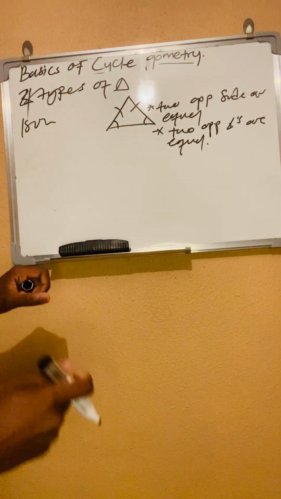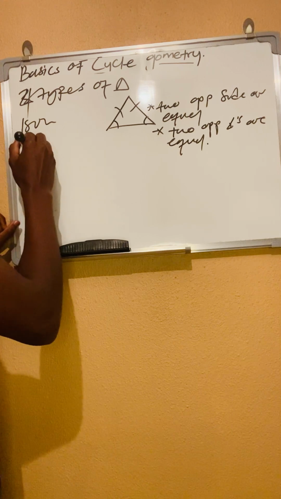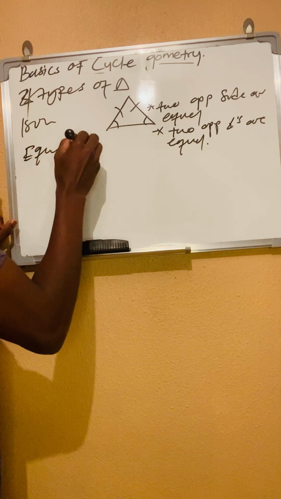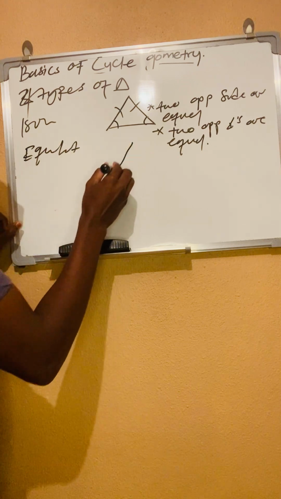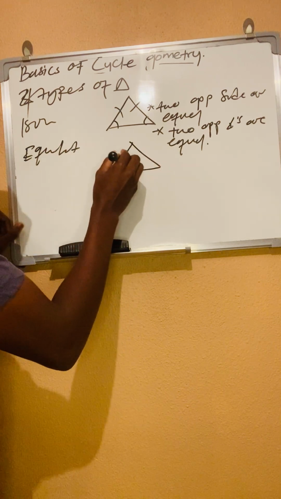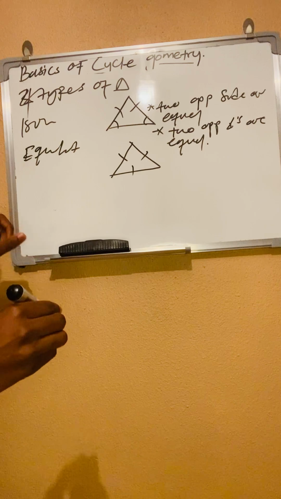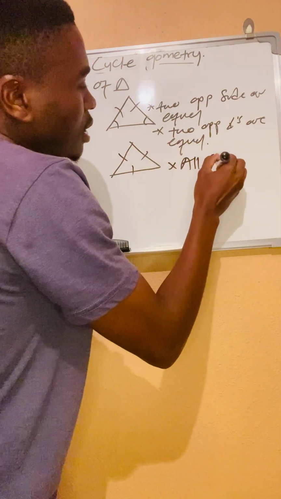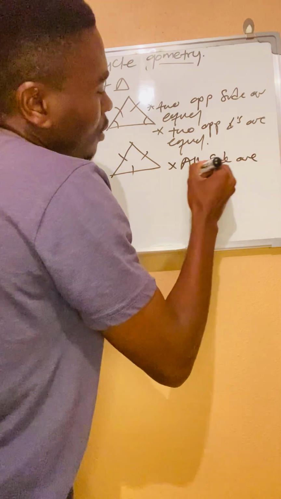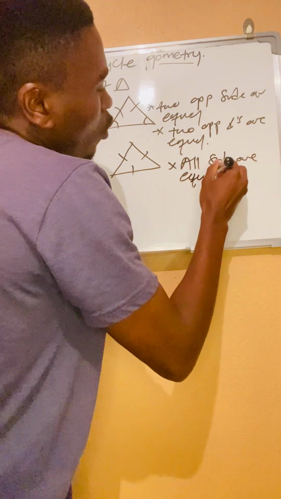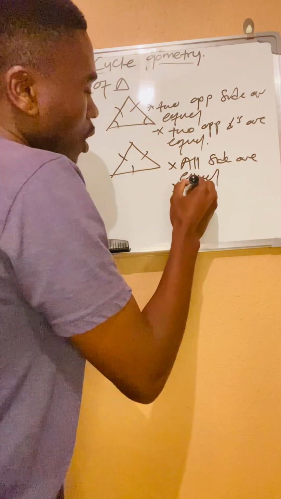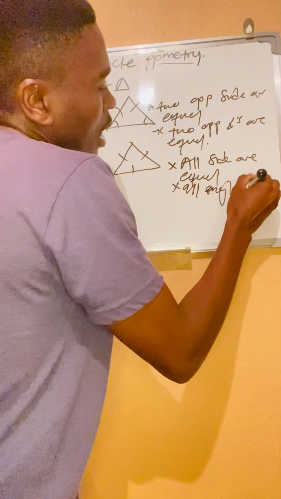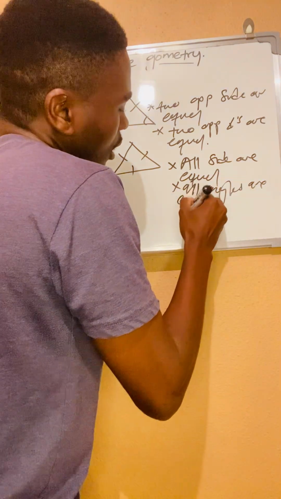So what else? We have the equilateral triangle. Equilateral triangle, we're talking about this kind of triangle, the famous one. All sides are equal, and all angles are equal.